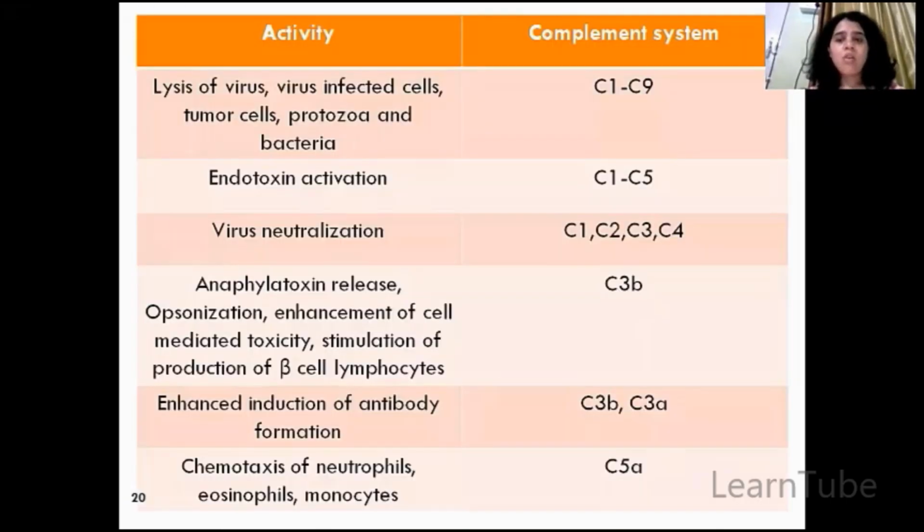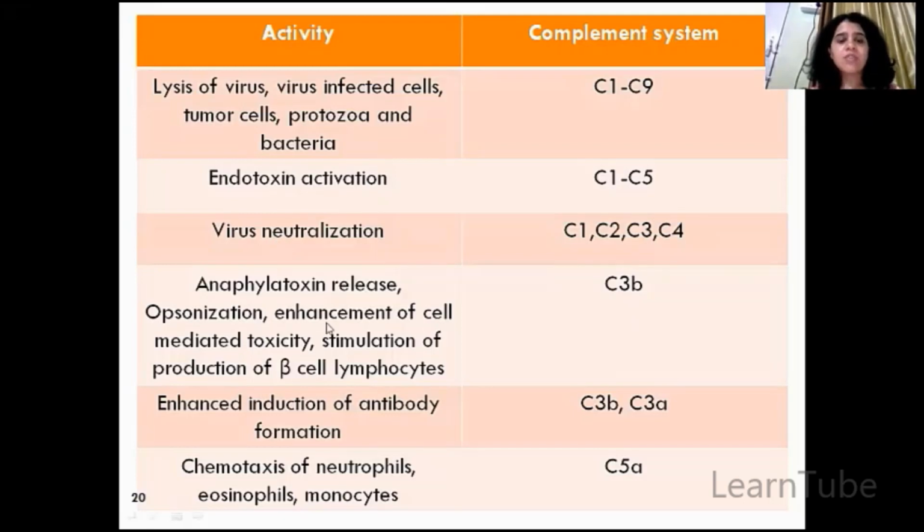Now what complement proteins are responsible for what kind of activity? C1 to C9 are all responsible for lysis of virus-infected cells, tumor cells, protozoa and bacteria. C1 to C5 are responsible for endotoxin activation. C1, C2, C3, C4 are responsible for virus neutralization.